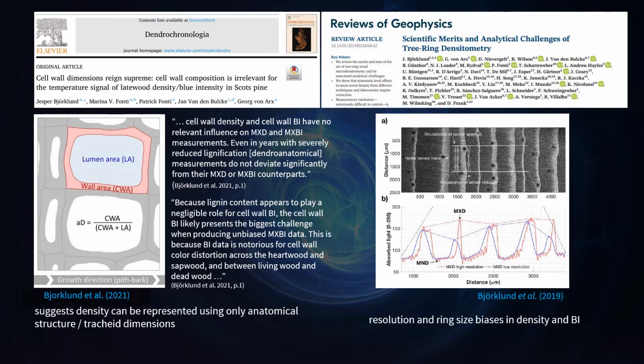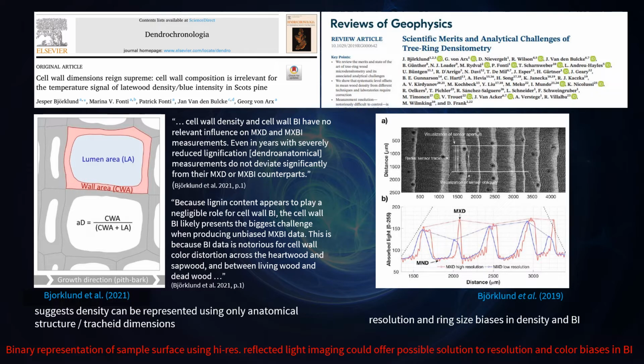So this is quite interesting because essentially it means that we can represent density simply by looking at the 2D anatomical structure and the tracheid dimensions and the relative proportion of the cell wall to lumen areas. So this led us to consider whether it might be possible to produce a binary, black-white representation of the surface of a sample simply using high-resolution reflected light imaging of the sample surface.